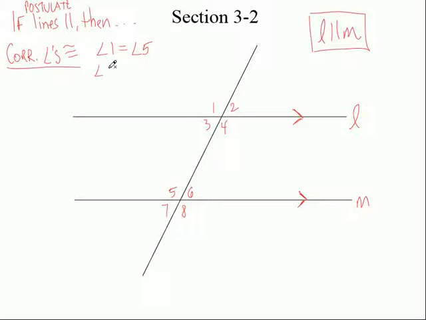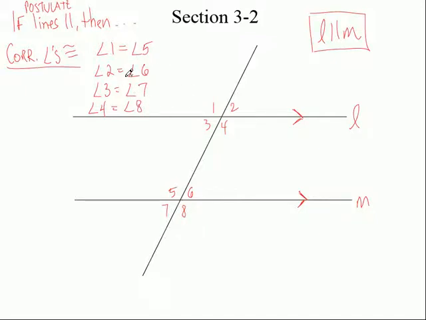So angle 2 must equal angle 6. Let's say the whole thing. Let's go in order. Angle 3 is equal to angle 7. And what else do we have? Angle 4 equals angle 8. Don't just say 4 equals 8. Say angle 4 equals angle 8.